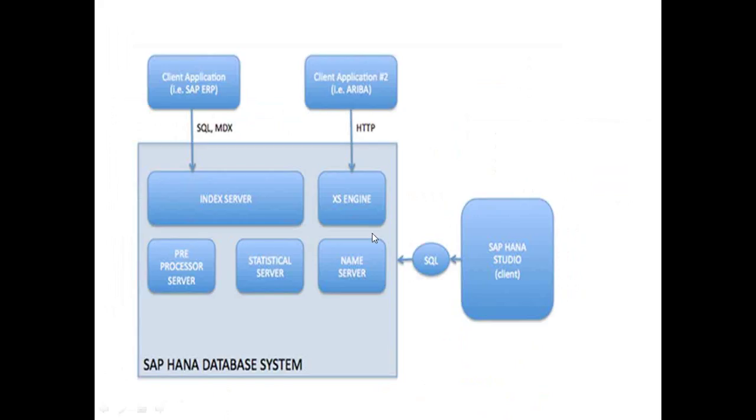Another important point we discussed yesterday is the Access Engine. This Access Engine is a new engine which has been added from Service Pack 5 onwards. It is mainly for web-based applications.